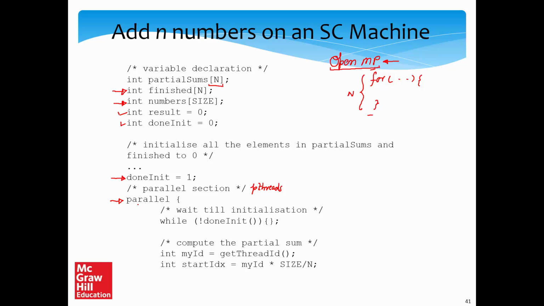But that would become very technology specific, so I've kept it slightly abstract. We are assuming that in this part of the code, n separate threads are spawned, each running the same code.